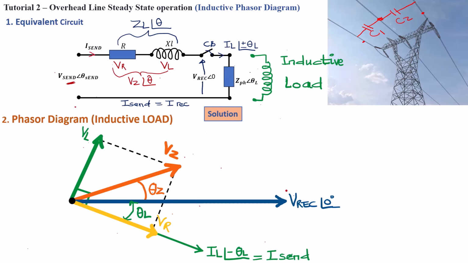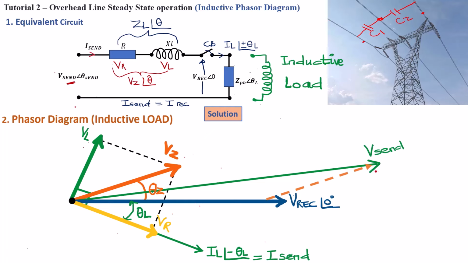So in order to draw it in a phasor diagram, we make a projection of this phasor. We project it at the top of V receiving end, and based on this projection, we can then plot the V sending phasor from the reference to the top of this projection. That will then be the V sending end voltage.